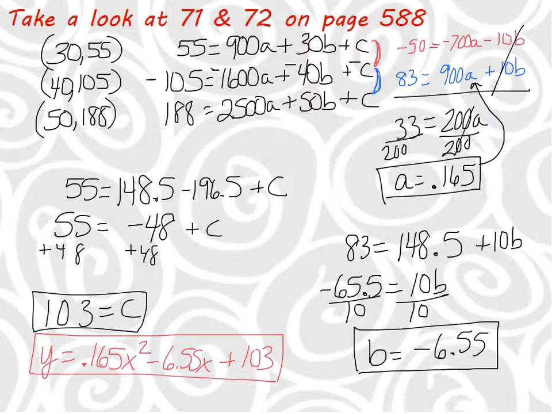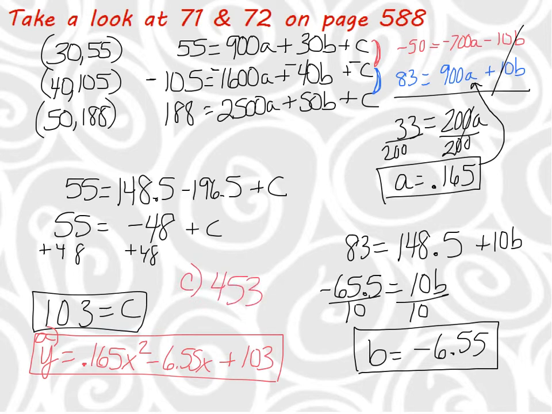So I'm going to plug 70 in for each one of my x's, and so you're just doing 0.165 times 70 squared, and then minus 6.55 times 70, and add in your 103. And it comes out nice. So my answer to part A was the equation, part B we skipped, and my answer to part C is 453.